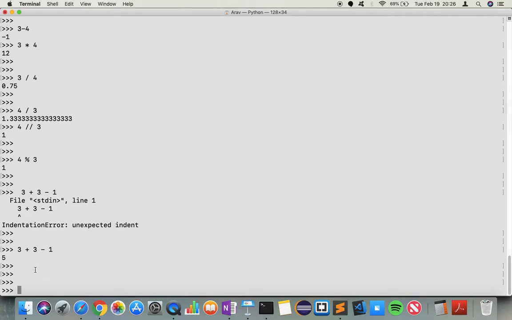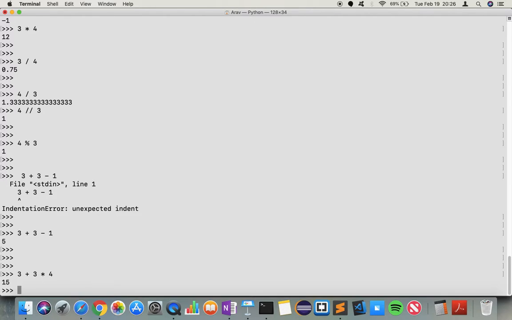Now, if you do 3 plus 3 multiplied by 4, what would be the output? Would it be 3 plus 3, 6, 6 multiplied by 4, 24, or 3 into 4, 12, plus 3, 15? Let's see the output. So you got 15.